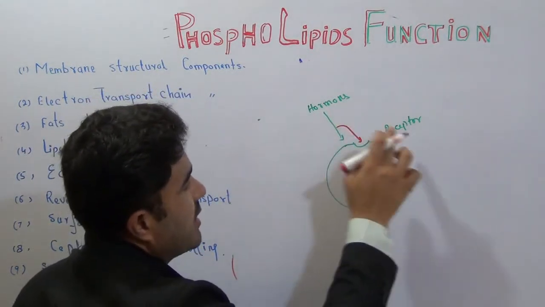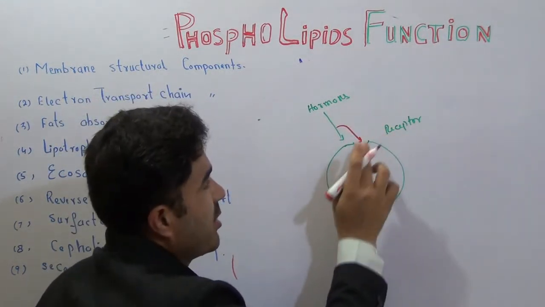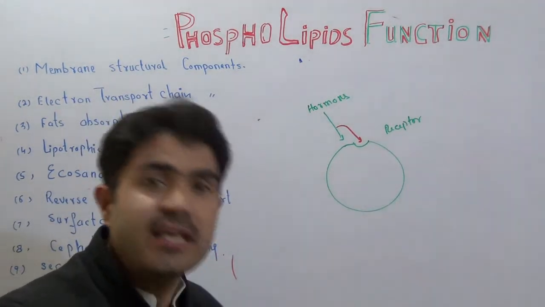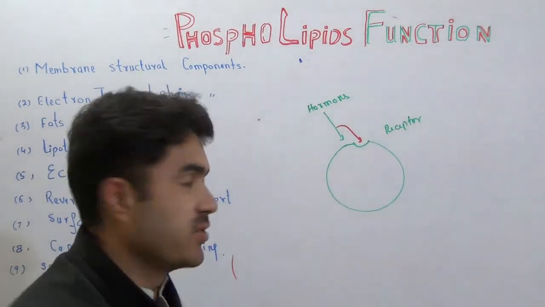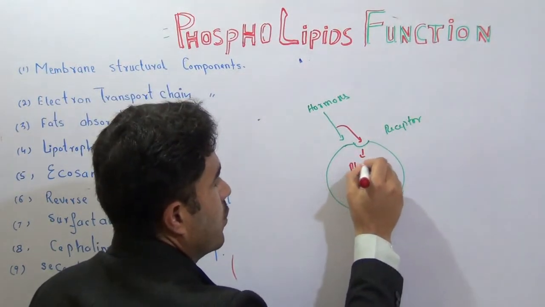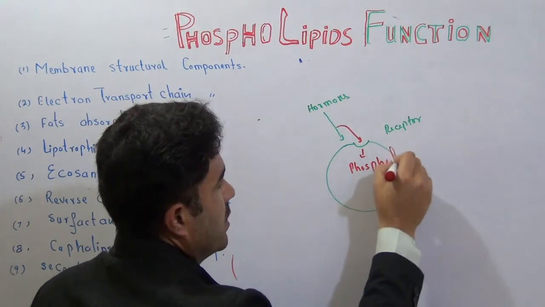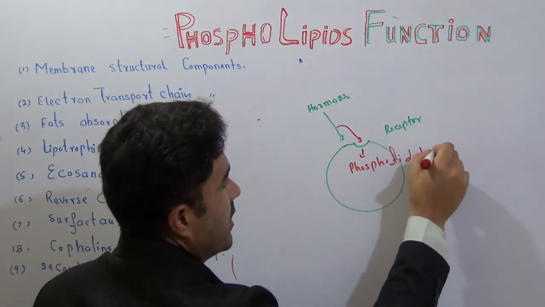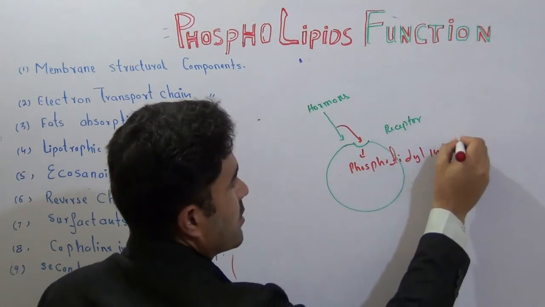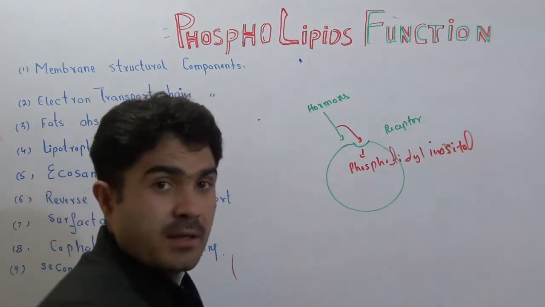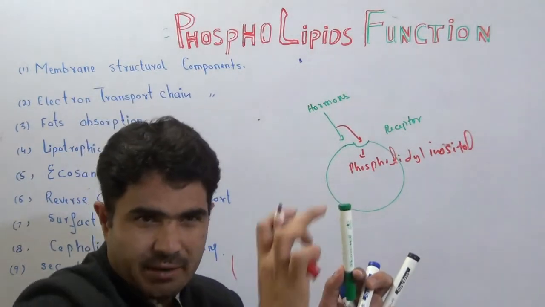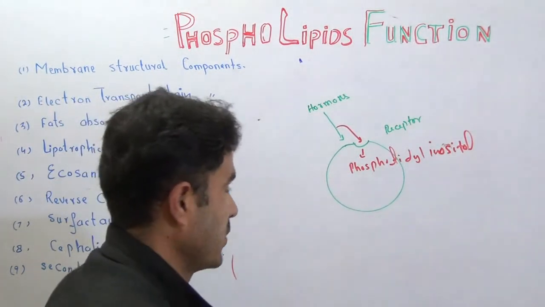But when the hormone attaches to the receptor, what happens? The receptor makes a special molecule called a secondary messenger, and that is phosphatidyl inositol. This is a phospholipid already present in our cell membrane.